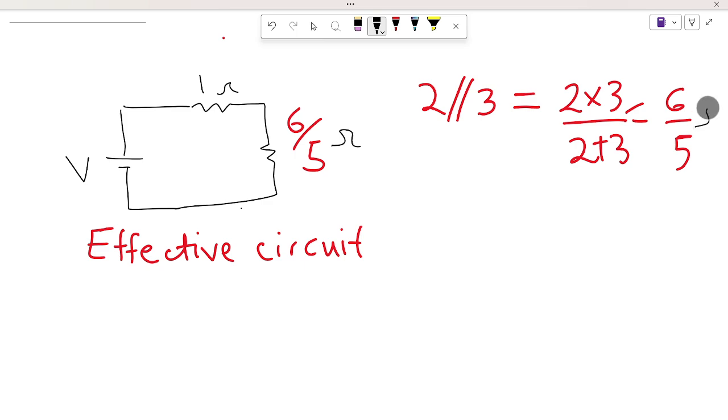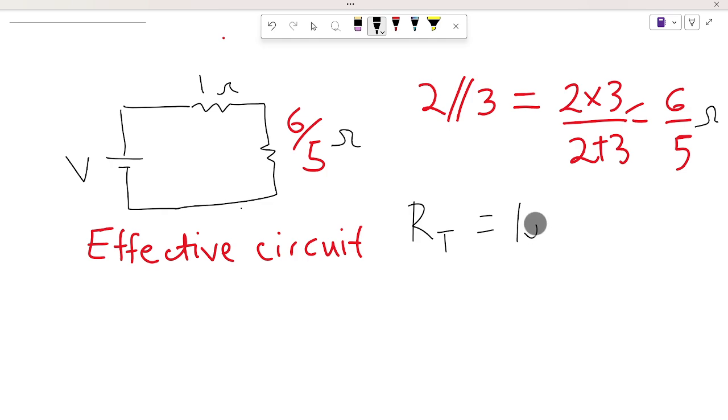Please don't forget your units when you are solving your questions. So the 6 over 5 ohm resistor and the 1 ohm resistor are in series. So our total resistance, say RT, is going to be equal to, for resistors in series, we add them.